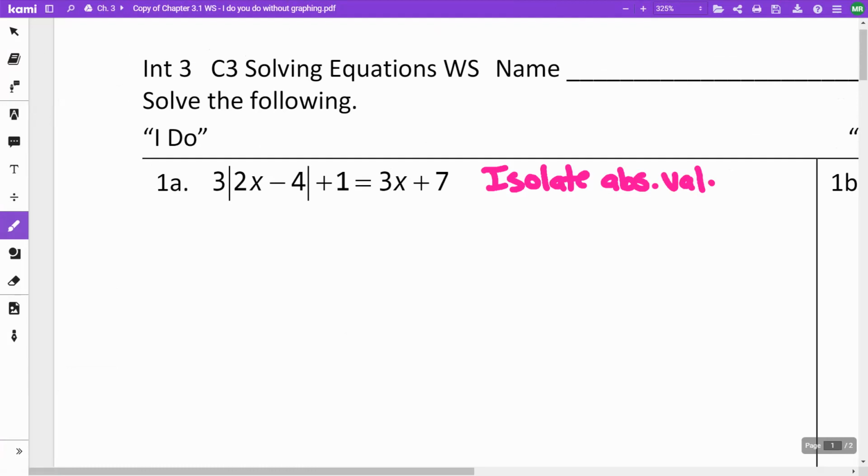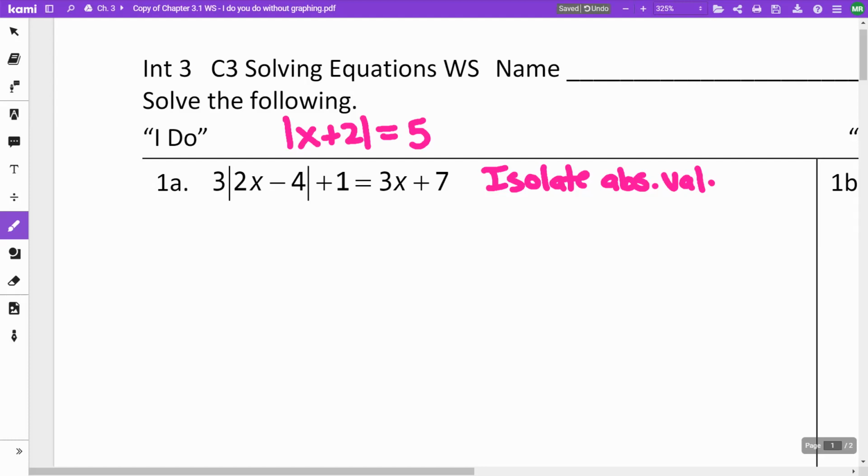If you have an absolute value and you end up getting a negative on the other side, that would be no solution. So for example, if I had the absolute value of x plus 2 is equal to 5, that's acceptable.